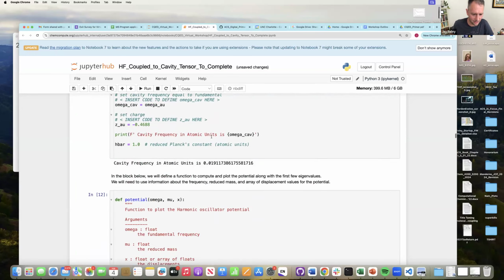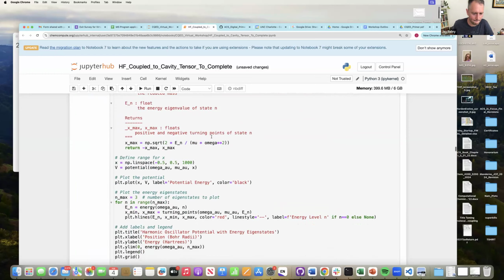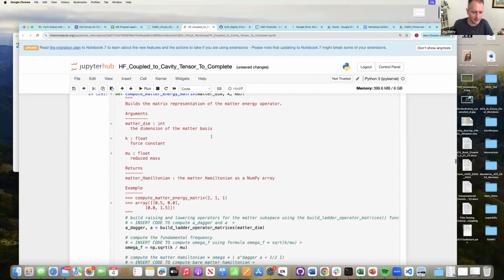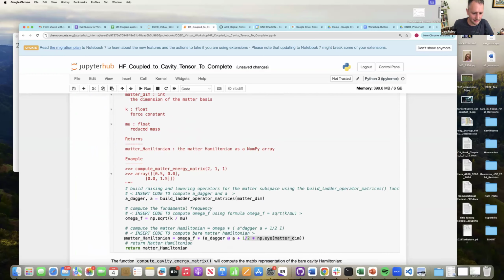So let's go back to the matter Hamiltonian, compute matter energy matrix. Yes. The capitalization of the assignment of the matter Hamiltonian needs to match the return capitalization. So I think we had matter underscore lowercase Hamiltonian in the assignment, but matter underscore uppercase Hamiltonian in the return statement. So you can swap either, just so long as they match.